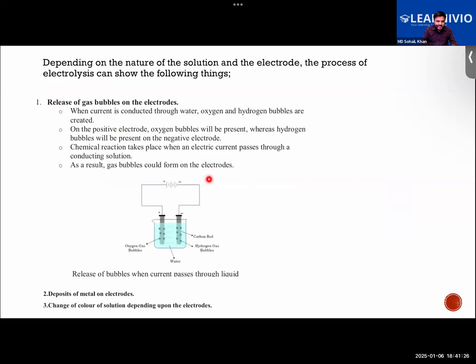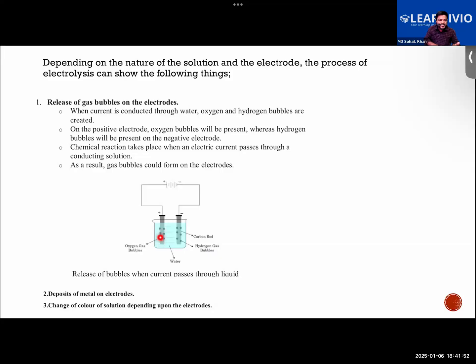So we had this example of the release of gas bubbles on the electrodes, right? When we take the electrolyte as water, with some acid added into it, and the electric current is made to pass through this water, you observe that on the positive electrode, what is the positive electrode, guys? Is it the anode or cathode?